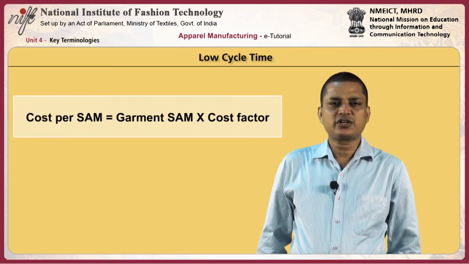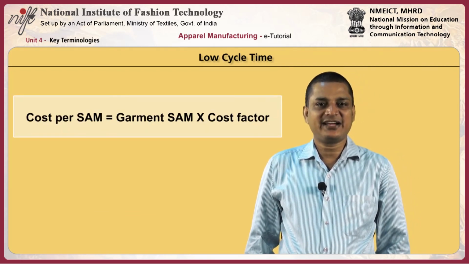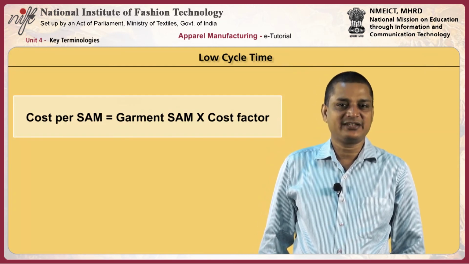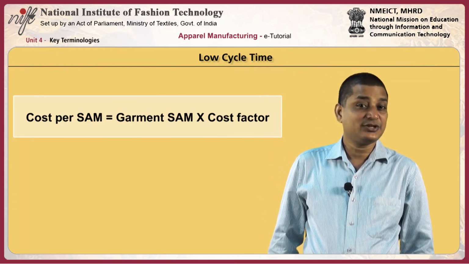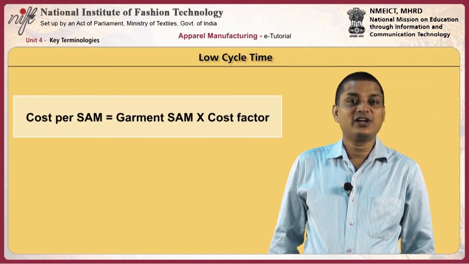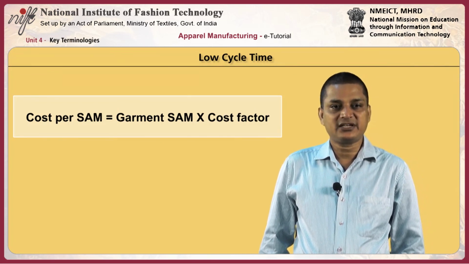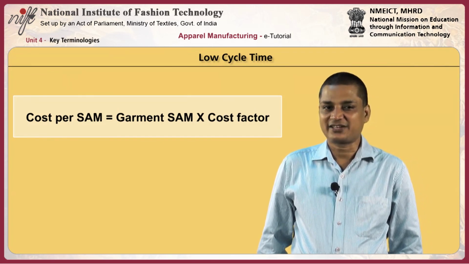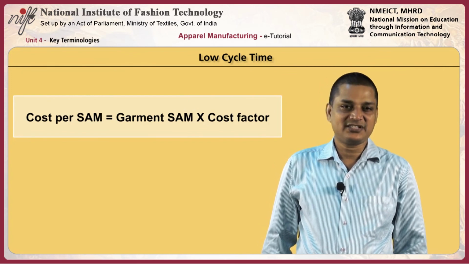The formula used to calculate cost per standard allowed minute is garment standard allowed minutes into cost factor, where the cost factor is per minute labor cost to the factory at factory average efficiency.